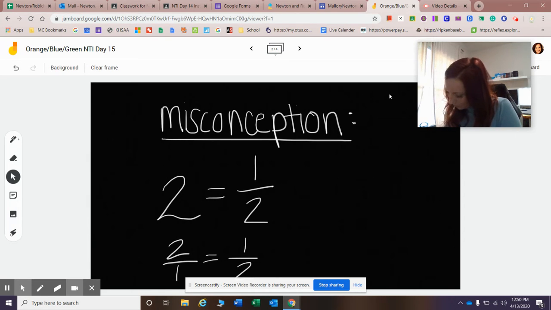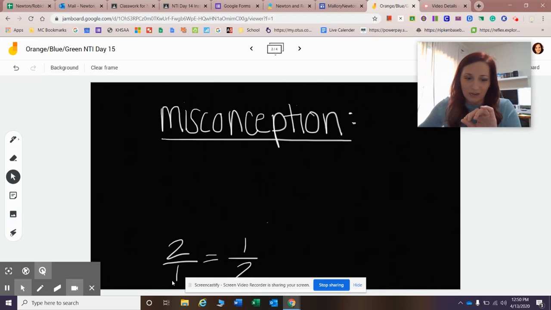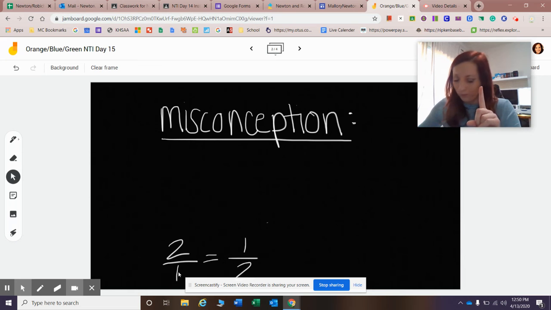So if I have 2 over 1, I'm going to erase this so I can draw it in. Our denominator always tells us how many parts it is broken into. This tells us that it's not broken into anything, it's one whole. So if I had a pizza, it's 1 part. If I had a pie, it's 1 part.